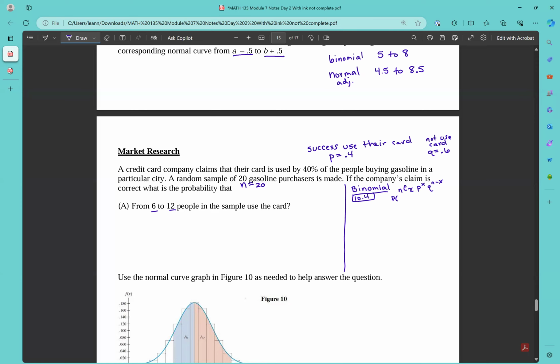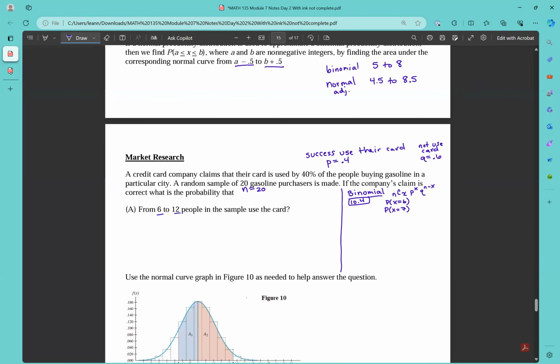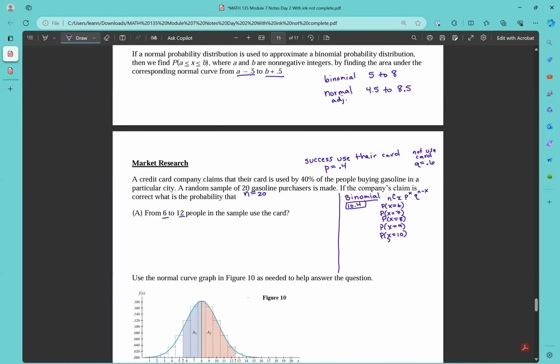Now if we're doing all possibilities between 6 and 12, that would be the probability that X equals 6, X equals 7, X equals 8, 9 successes, 10 successes, 11 successes, and 12 successes. For each of these P formulas, I have to plug in the number of trials.